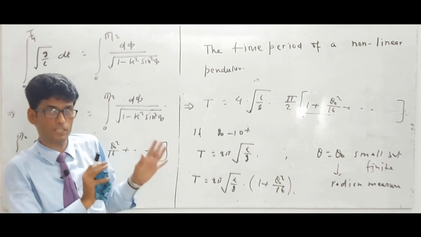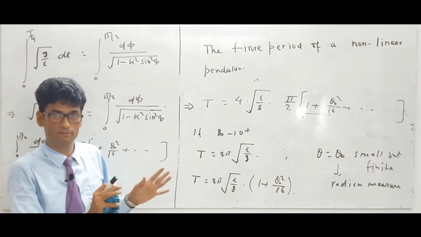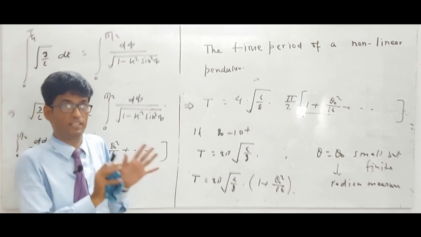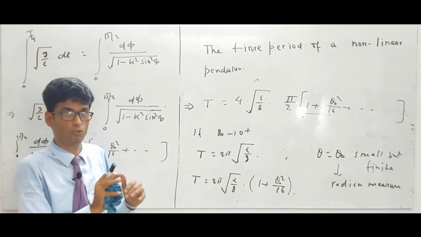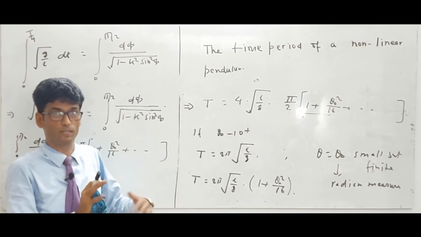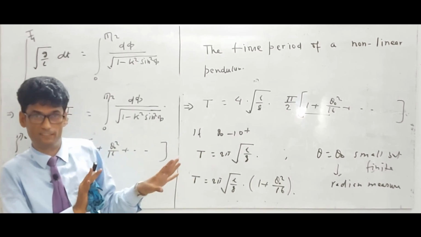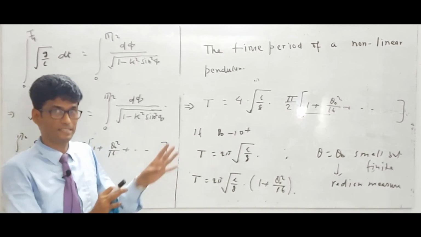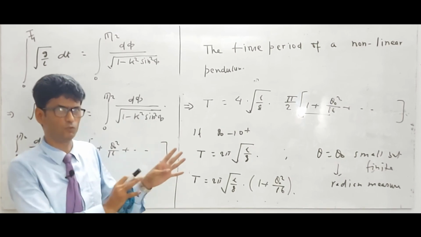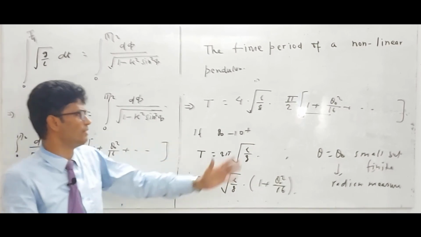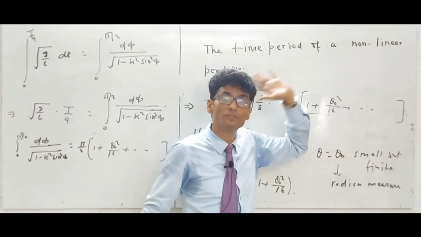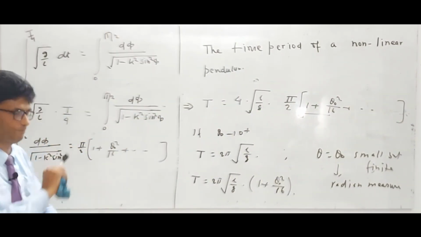But it is very, very small, not tending towards 0. In so many textbooks and by so many teachers, we are unable to say at this stage. They only say theta is small but finite, not tending towards 0, because we have to neglect the higher order terms. That is why I am telling you like that.